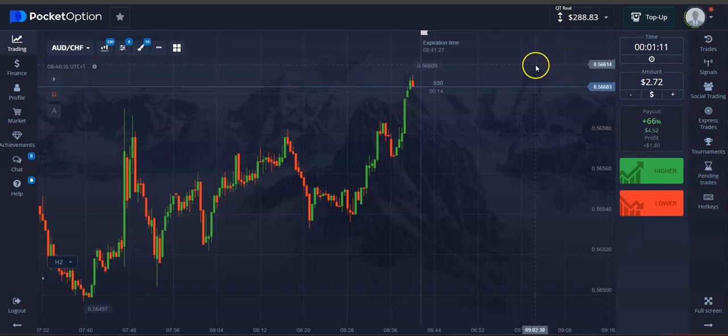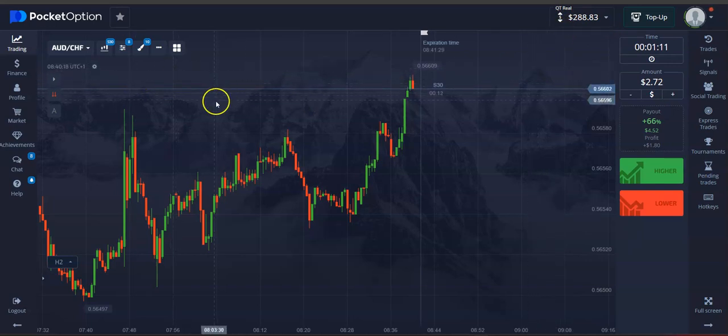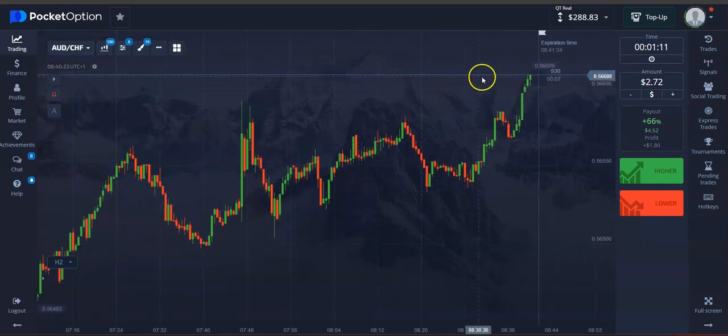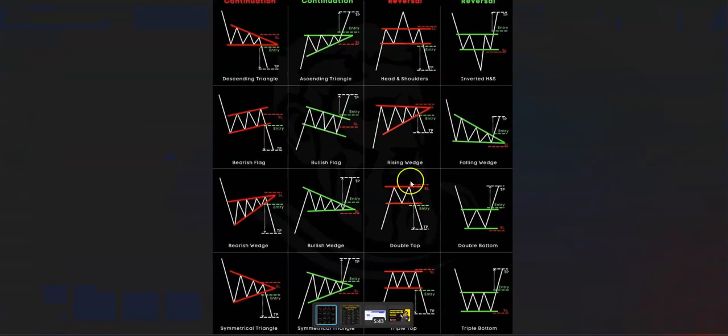Okay, guys, so also in today's session, as I've been showing in the past few sessions, I've been marking the patterns in the chart. I have a picture over here of the chart patterns. While I'm designing the chart patterns in the charts, I will come over here and show you which one we are seeing and which one is potentially going to follow the pattern.